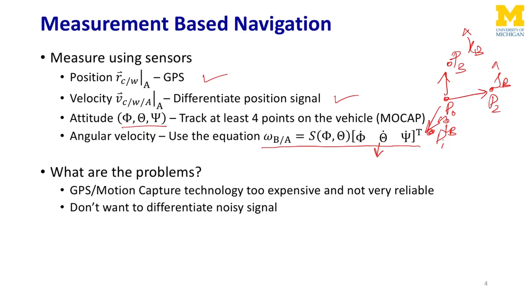Now, of course, you can do all these things, but it is not the smartest thing to do. What are the problems in this case? GPS, or the motion capture technology, obviously is very expensive. It's also not very reliable. By reliable, I mean that it takes a while to lock into good estimates.